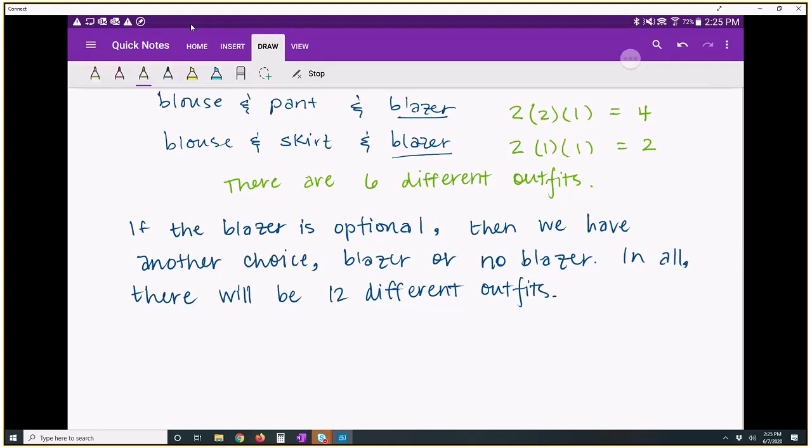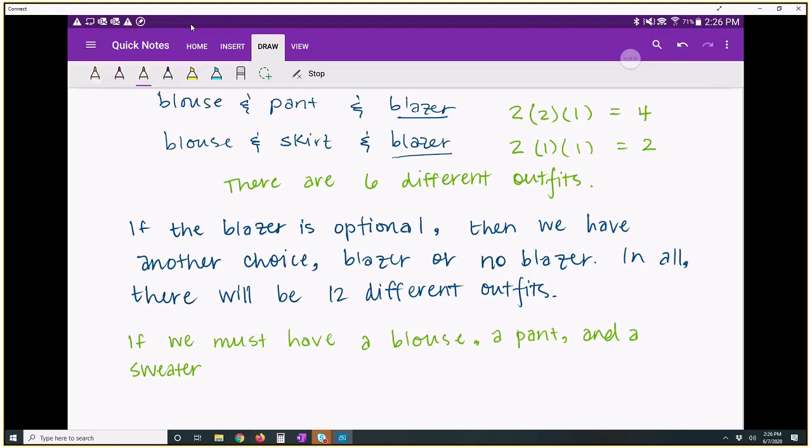So if we must have a blouse, a pant, and a sweater, then it would still be 12 different choices.